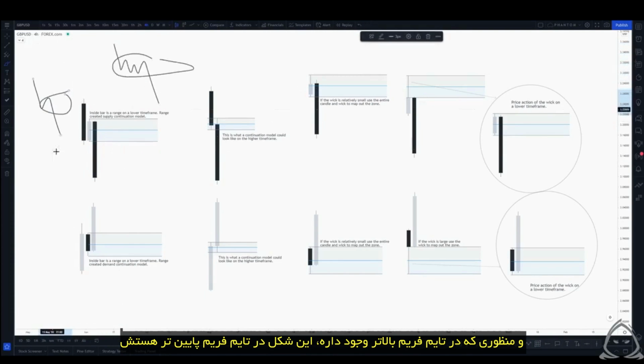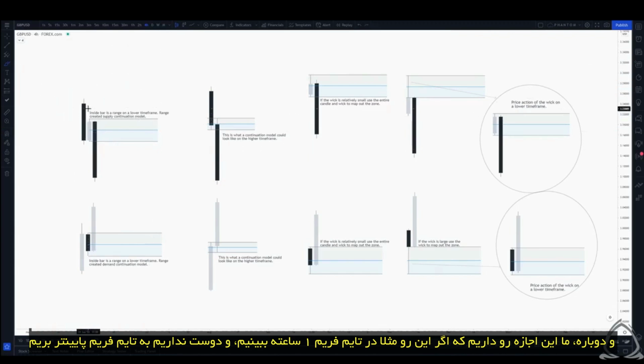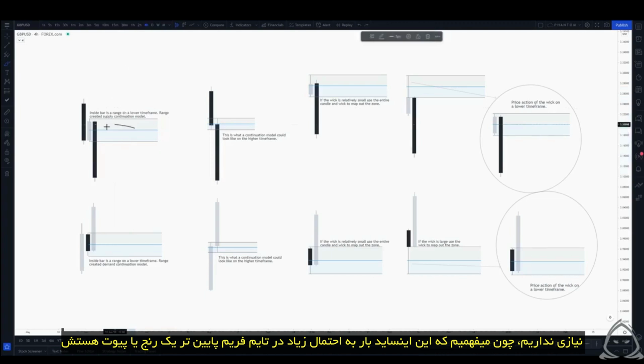And what this implies on that higher time frame is what this would be on a lower time frame. And again, what this allows us to do is, if we see this type of price action on, say, a 1 hour chart, and we're not comfortable going any lower than that chart, we don't need to, because we understand that this inside bar is more than likely a range or pivot on a lower time frame.